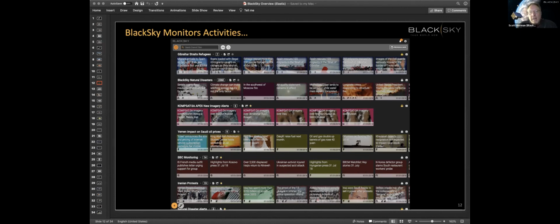And what you're looking at in this view, this is actually a dashboard and powered under the covers by Elastic, of course, that kind of shows some of the things that I as an analyst am interested in. So I'm looking at refugee events related to the Mediterranean. I'm looking at a set of natural disasters. I'm being notified every time new imagery is taken over parts of the world that I care about.